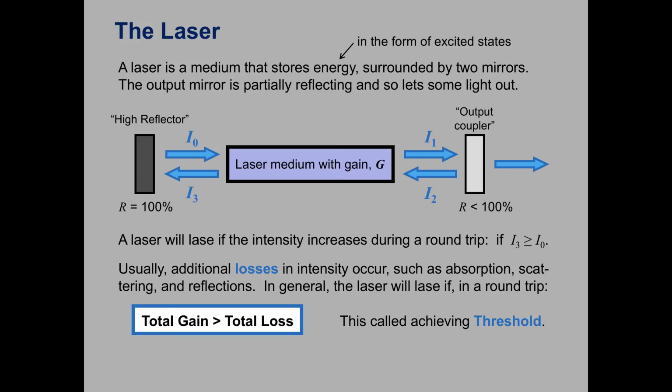In general, we could get this process to work as long as we have a medium where the total gain is greater than the total loss. In laser terminology, this is called achieving threshold, or lasing threshold. If you're a physics major, this should be pretty straightforward from an overall conservation of energy argument.